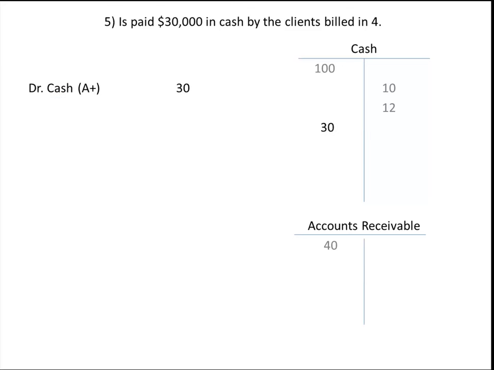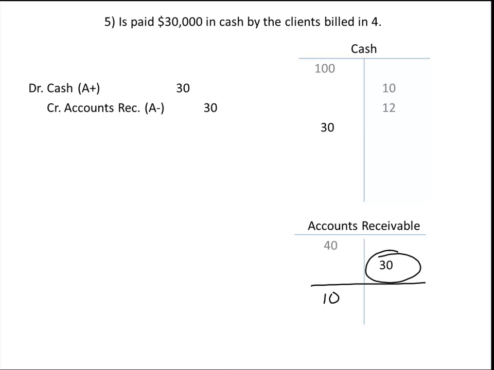At the same time, however, our customers no longer owe us as much money. They used to owe us $40,000, but they paid some money off. They now owe us only $10,000. And so what do we have to do? We're going to have to credit our accounts receivable account, make our assets go down. We've exchanged one asset for another.